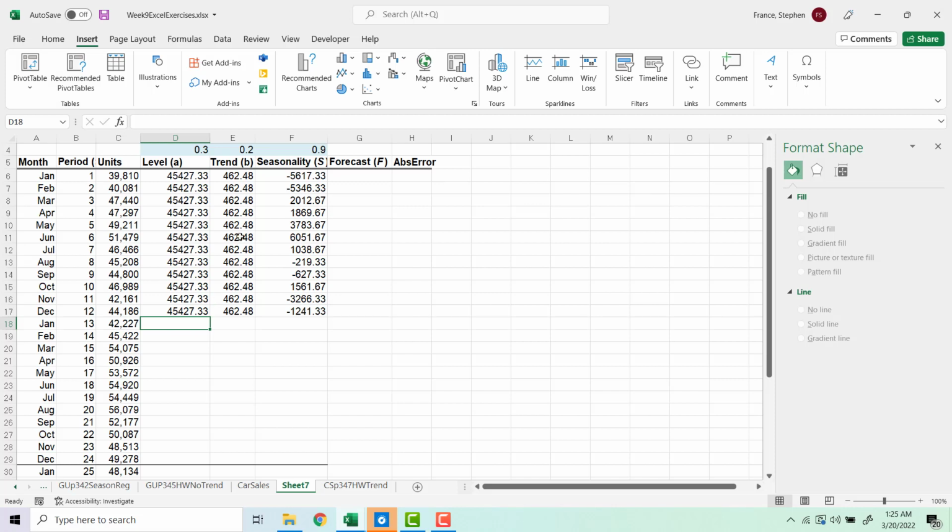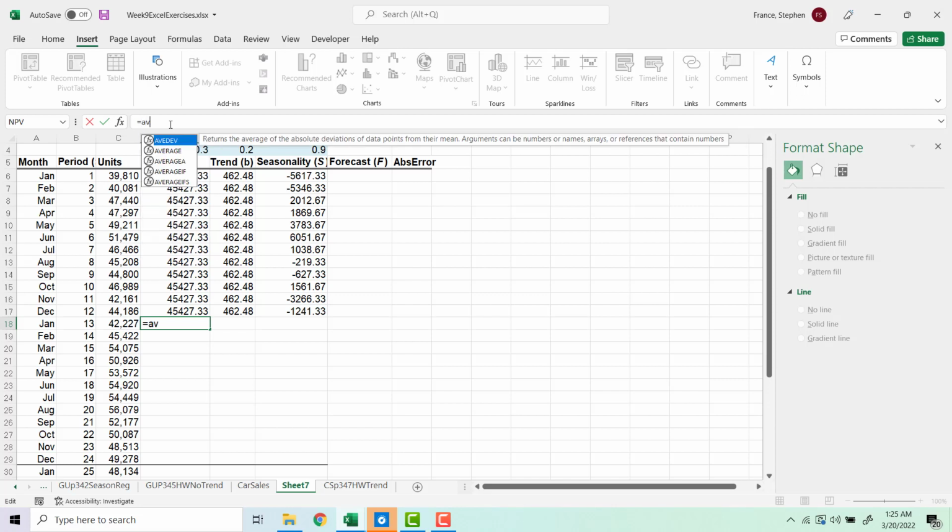Okay, so now we can update. So again, this is using 9.19. This is going to be alpha for the level. So it's alpha times the new level, which is basically the value minus the previous seasonality. So this is exactly the same as the last example.